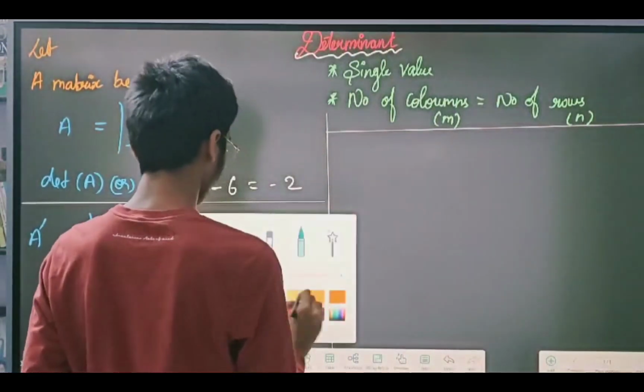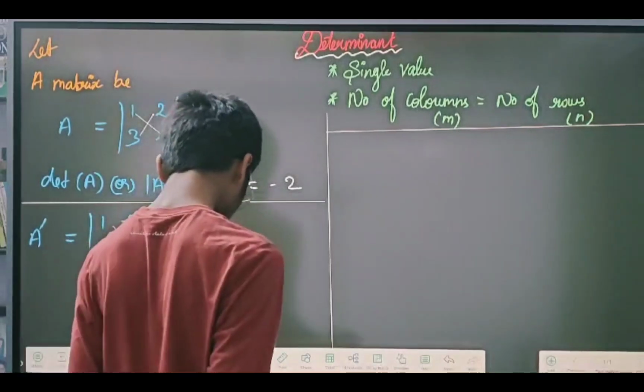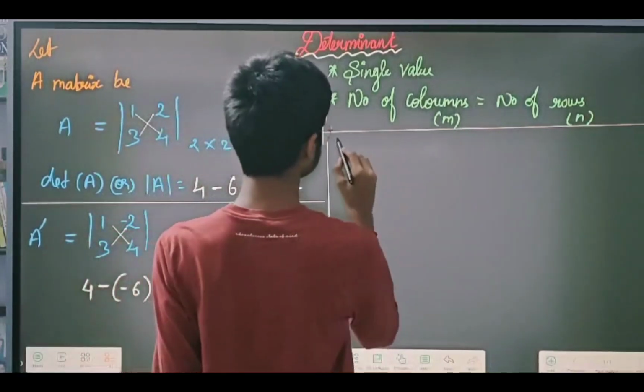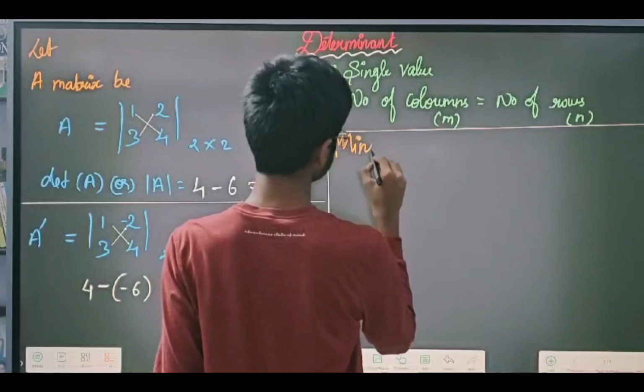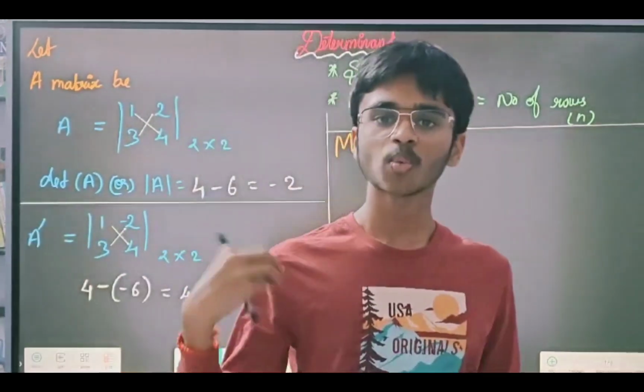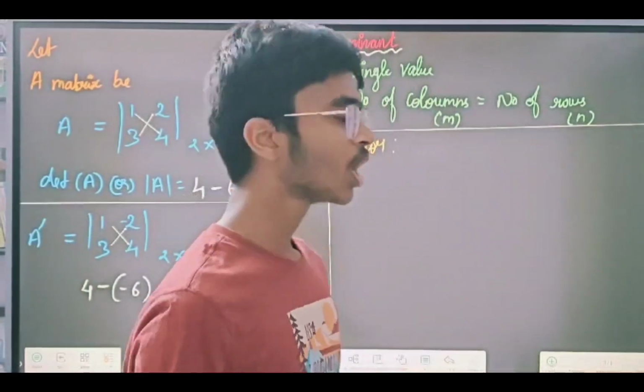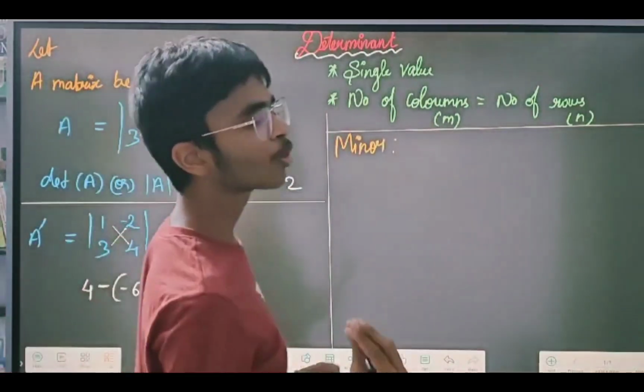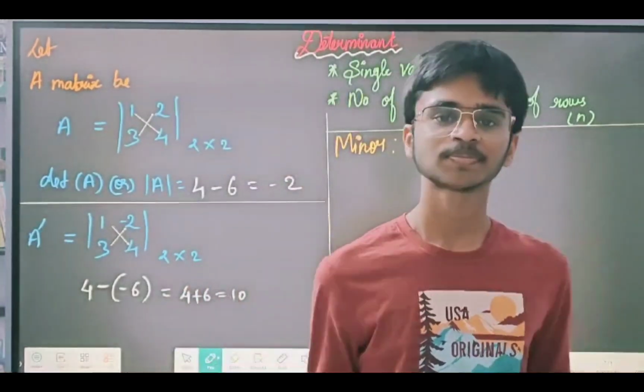Now what is a cofactor? Before the cofactor, we will come to the minor. What is a minor? What is a cofactor? These two are interlinked. If you know the minor, then the cofactor will be very easy.